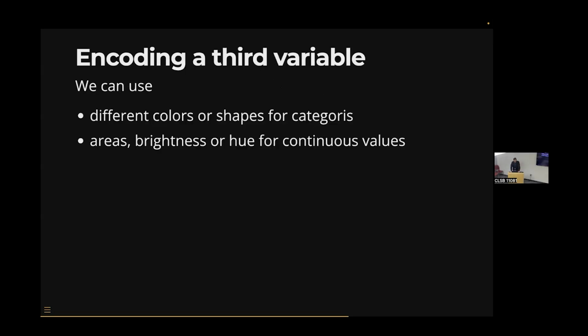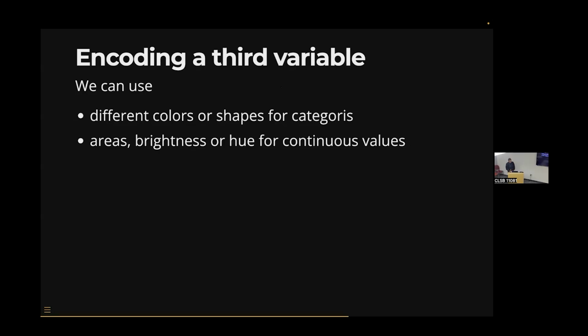Okay. Now we go to third variables. Now we've done two, now we're going to go to third. So when we do three, now we're not going to be able to use our favorite cues. Position, length is gone once you go to, well, not completely gone, but you can have lengths of two things next to each other, but that's not great. It's better to make a scatter plot. So now we go to third.